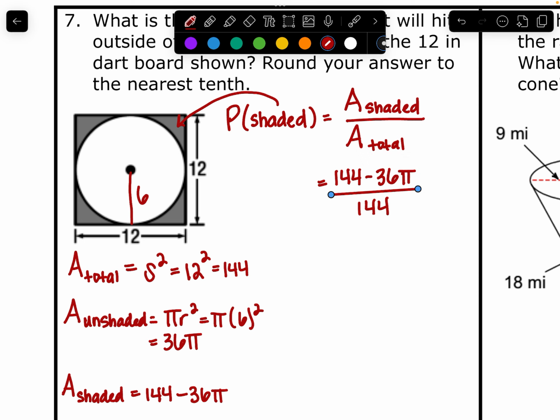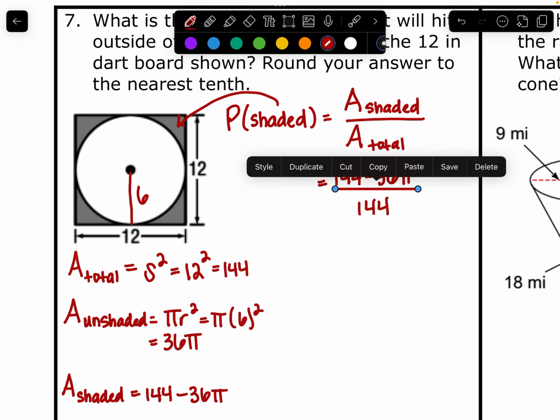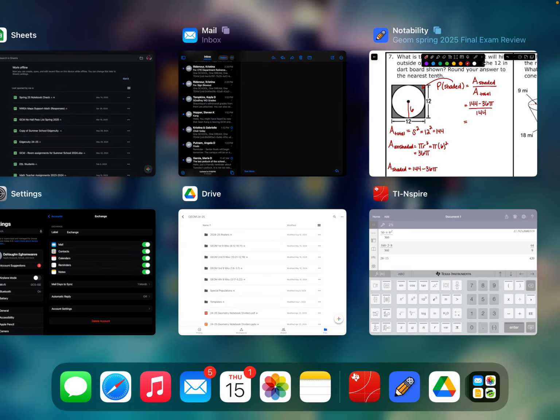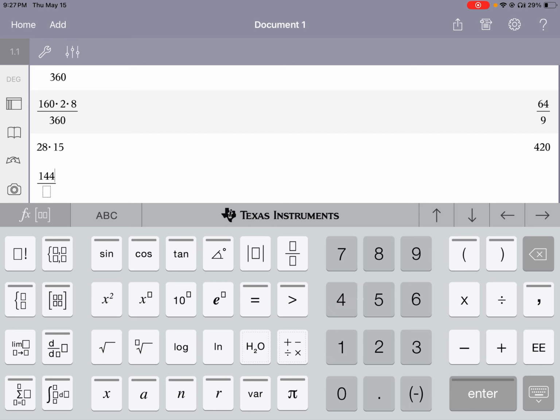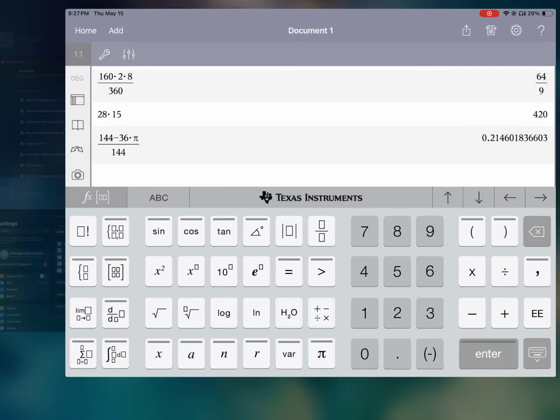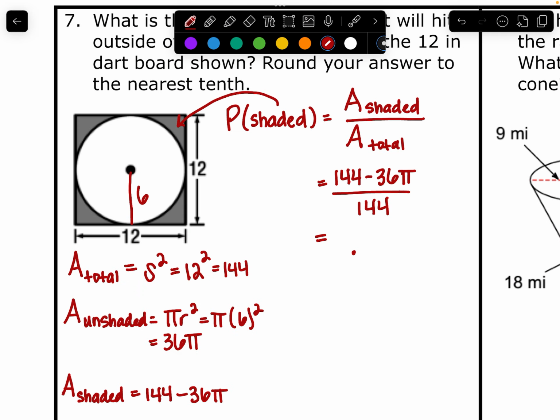And then whatever decimal you get should be the answer. 0.21. Oh, it said to the nearest tenth. Sorry, 0.2.